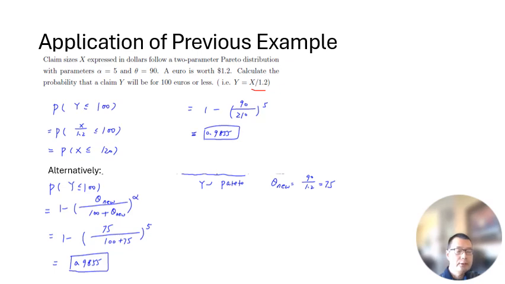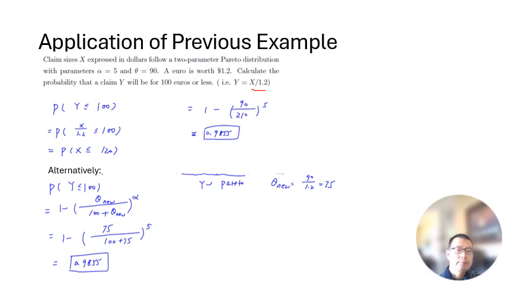So starting from the CDF, the probability that Y is less than or equal to 100 euros is the same as the probability that X divided by 1.2 is less than 100.